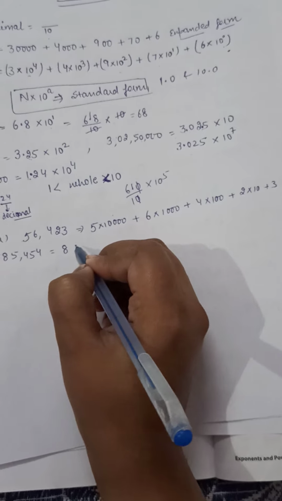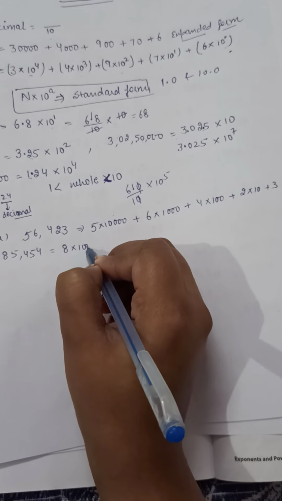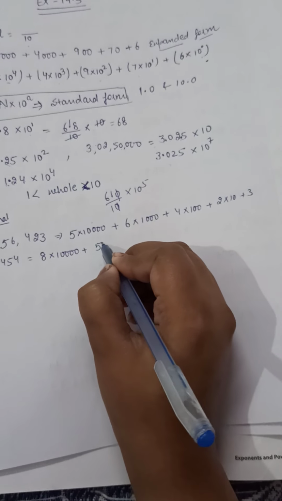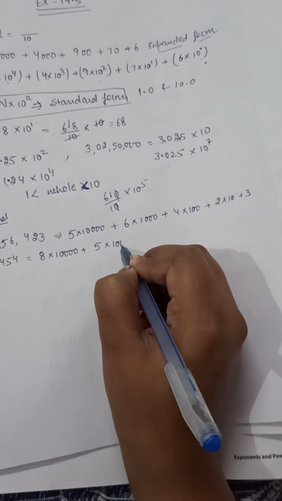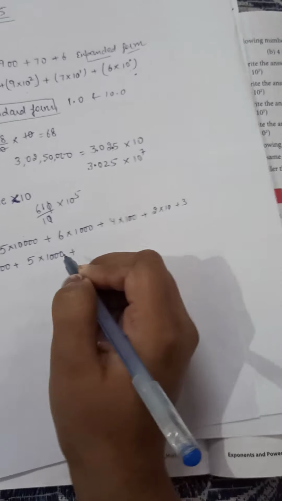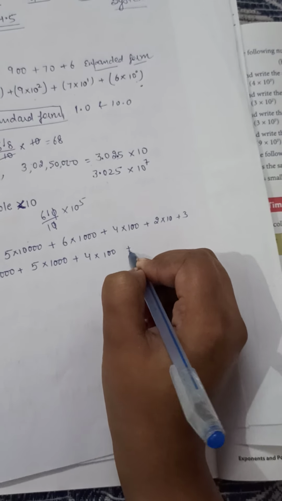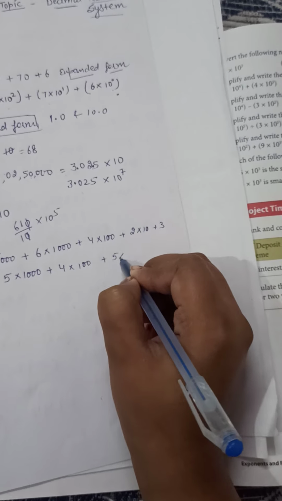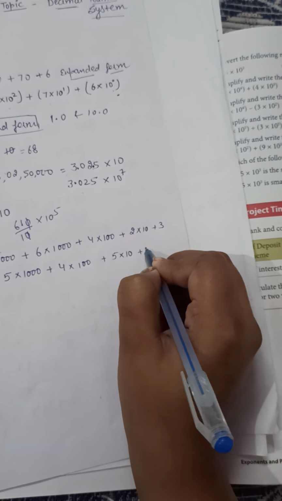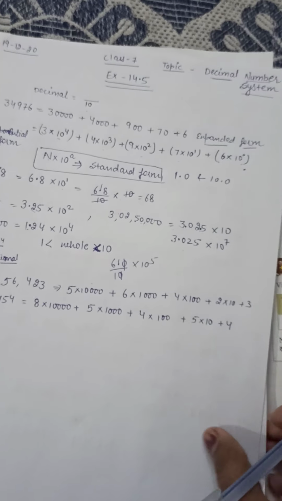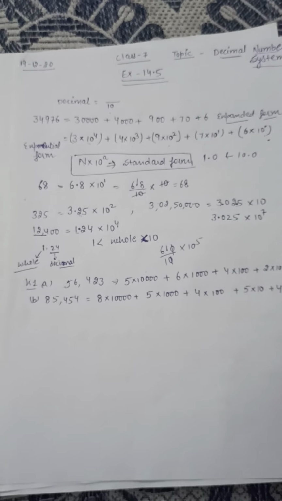So 8 multiplied with 10,000 plus 5 multiplied with 1000 plus 4 multiplied with 100 plus 5 multiplied with 10 plus 4, right? This is the way to write in the expanded form.